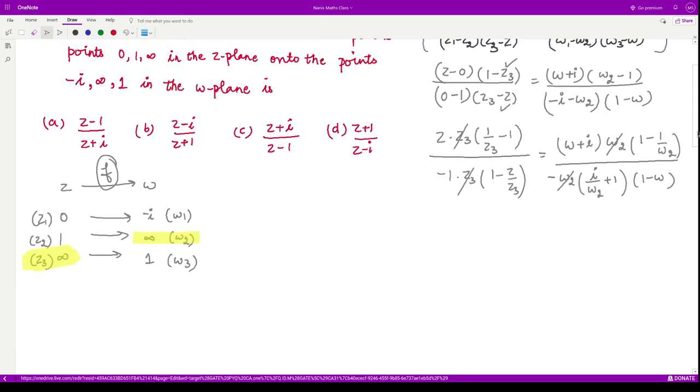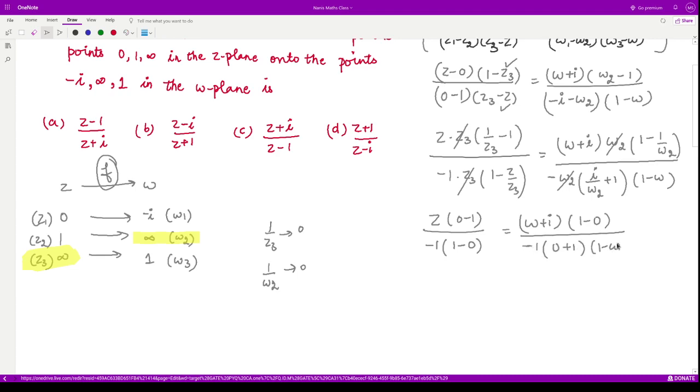Now we can substitute the values of z3 and w2 as they go to infinity. That means 1 upon z3 goes to 0 and 1 upon w2 also goes to 0. So we are only left with z into 0 minus 1, and then minus 1 multiplied by 1 minus 0, and on the right hand side it would be w plus iota, and then 1 minus 0, and then minus 1, and then 0 plus 1, 1 minus w.